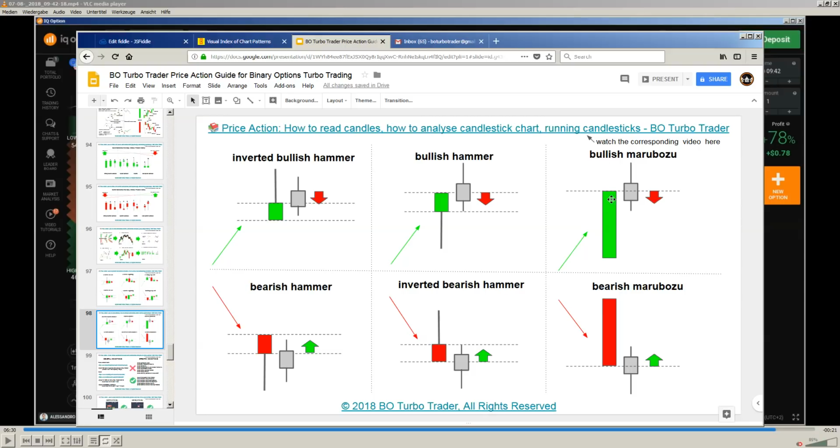If you get this kind of Marubozu and you get this weak candle, and also in the last momentum a retracement to a weak candle, it doesn't matter if it's bullish or bearish, you can expect that the next candle will go down, because of this strong bullish candle and this indecision candle. That is what I tried to explain to you now.